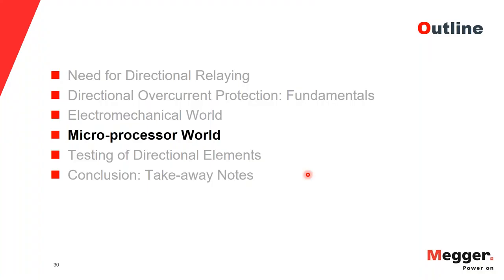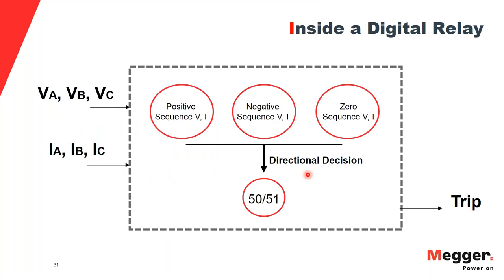Now let's see what is there in the microprocessor world. In the microprocessor world, we have implemented a lot of digital processors inside the box. They have a lot of algorithms going on in the box itself. So here I just drew a very basic drawing of what is in the digital relay.